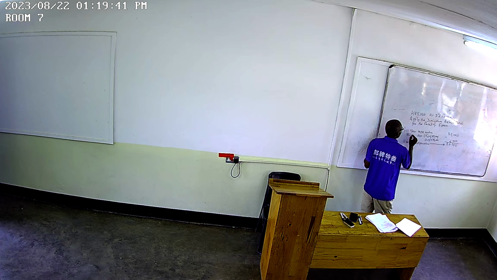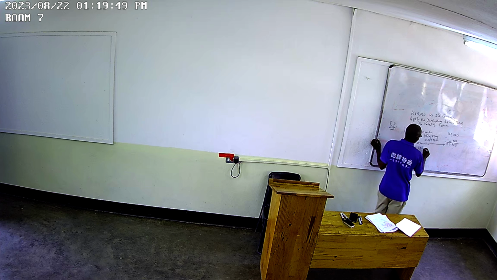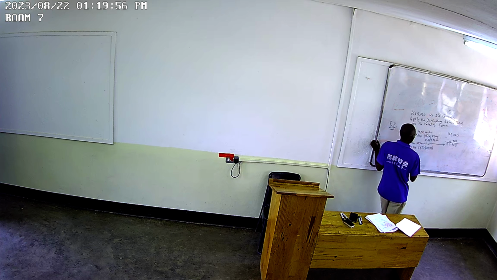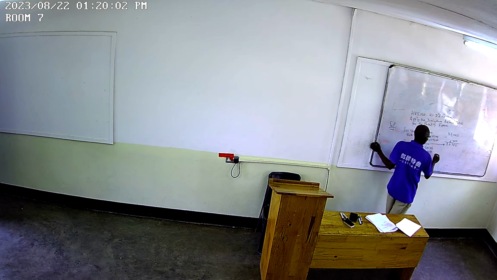Sorry, not interest. Rate depreciated, that is 5% of 80,750. So this is the same as 0.05 times 80,750. What is that?